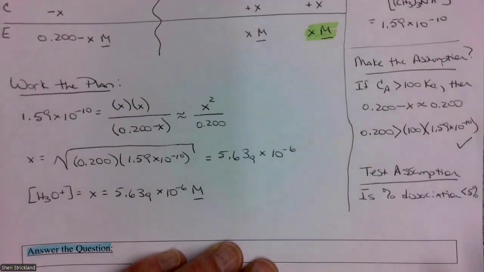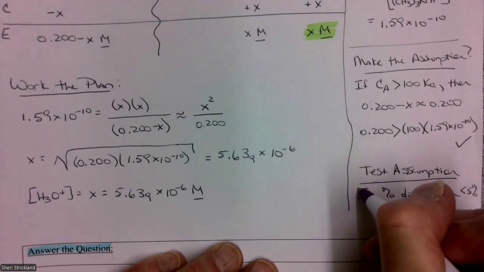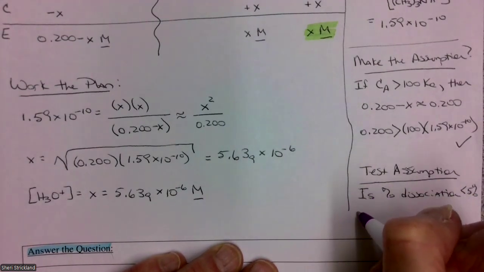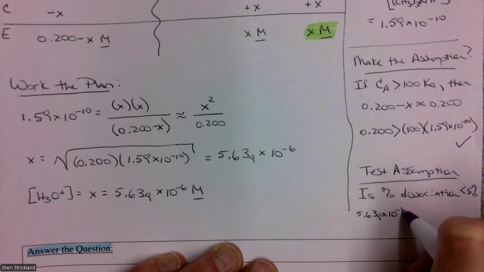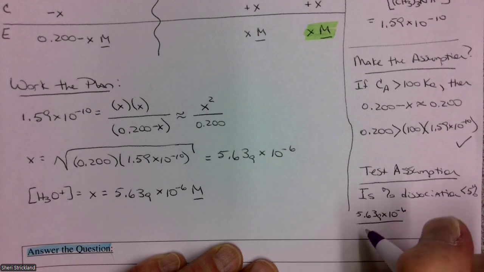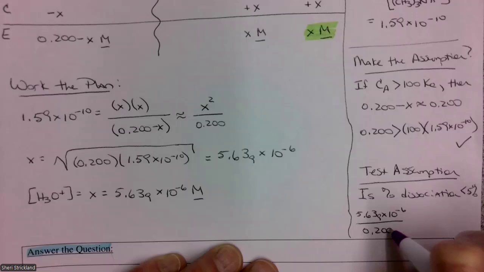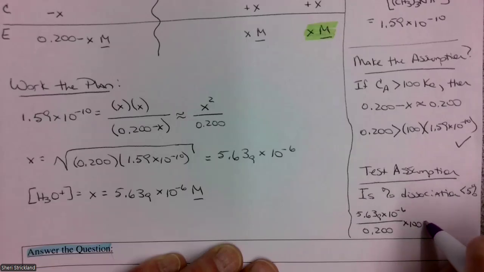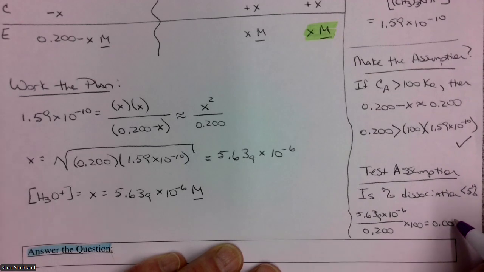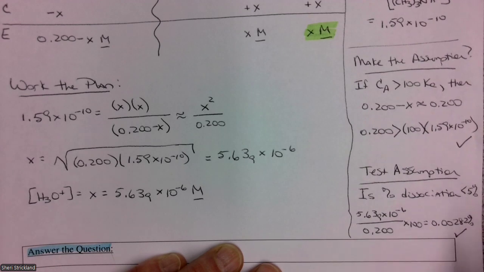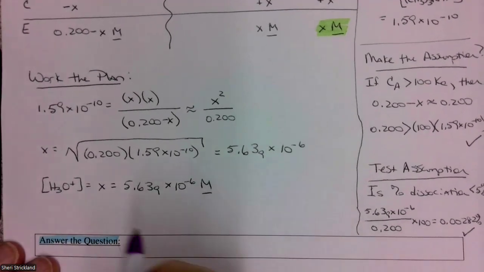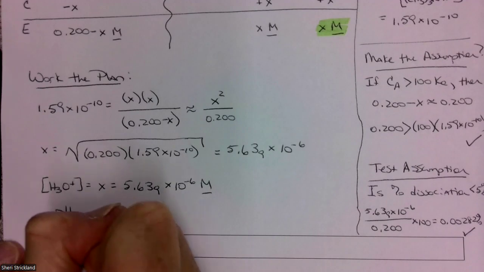We've got X, 5.639 times 10 to the minus 6, divided by the original concentration, what it came from, 0.200, times 100. And I got 0.00282%, which is well below 5%, so we're good, which means we can go ahead and calculate the pH from this.